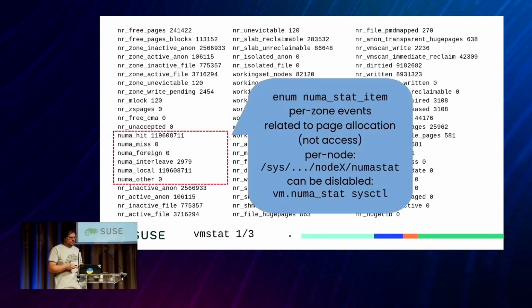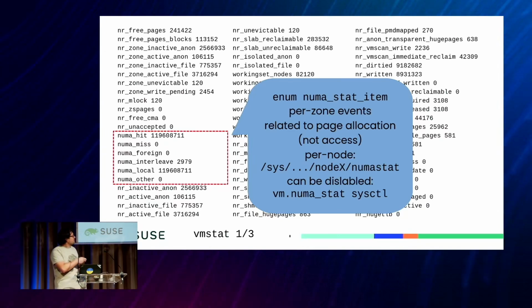Then there's a block of per zone events, which are related to NUMA, but not in a way that they would count accesses like numatop or performance counters, but they count events related to page allocation. I'll talk about that later.